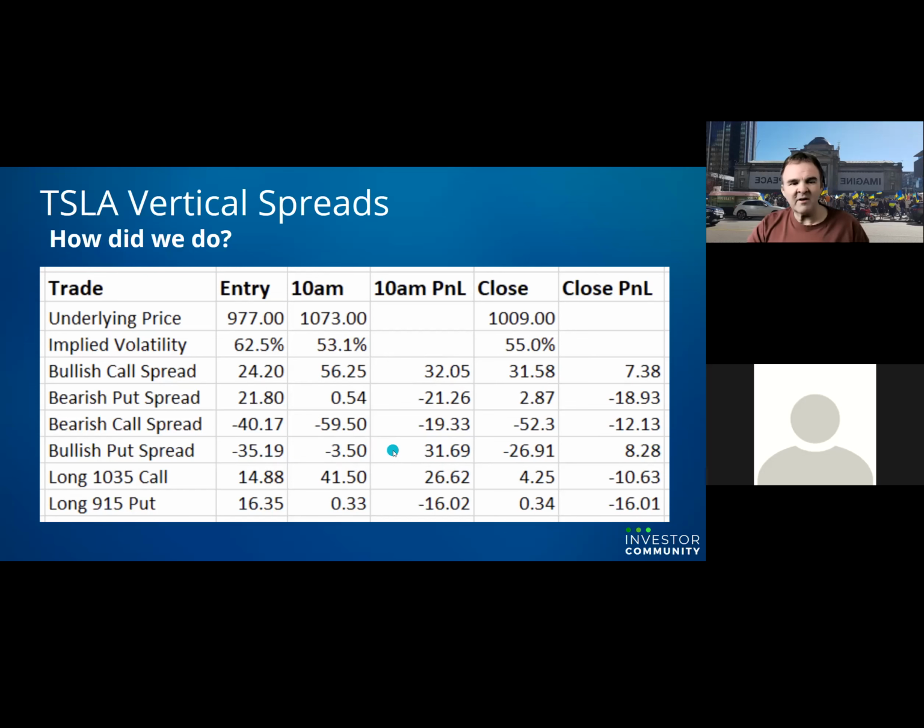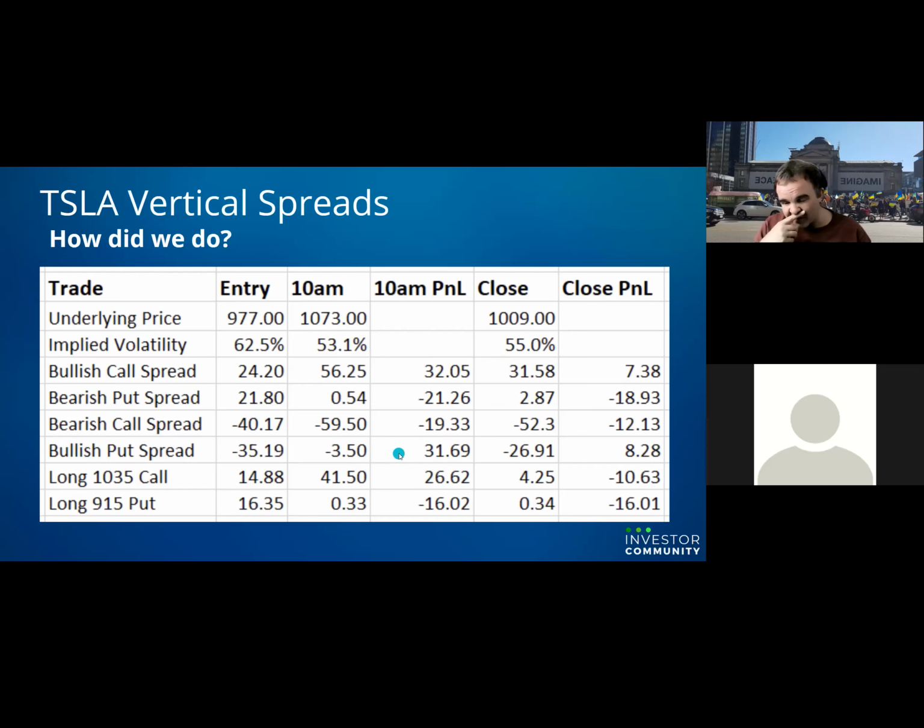And the reason it didn't, I don't want to get into the details of it, but there's a thing called skew, the skew between the calls and the puts. And that's why we don't see our P&L on this put spread higher than the call spread.